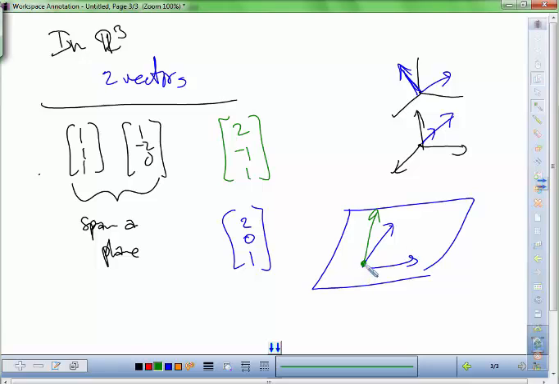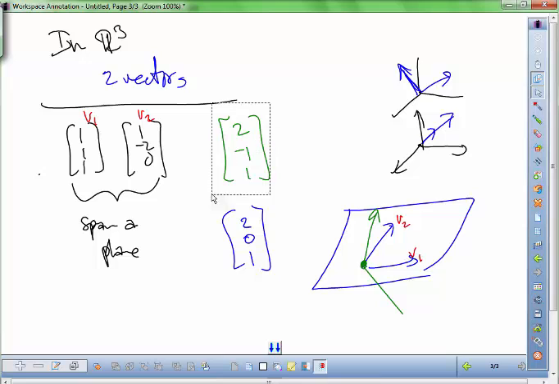Well, let's assume that this is the origin, and let's call this V1 and V2. So V1 and V2 are over here that span the whole plane. And so this green vector, I guess that was a bad choice in color selection.